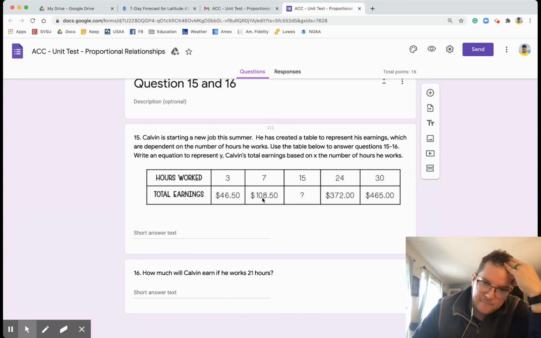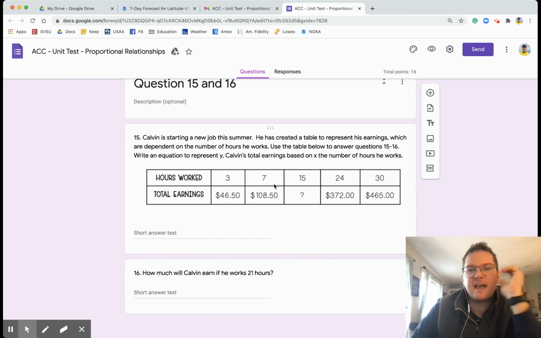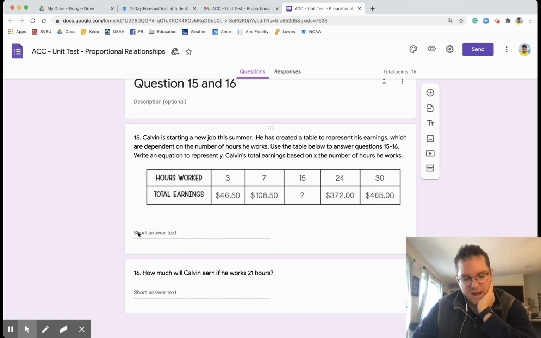What's that number? 10850 divided by 7. It should be the same number. So then if you were to take that number, whatever you find, which will be the same for both, you plug that in as 15 times what that number is. Your equation should be y equals the number that you find that's constant, x. And then here, whatever that number is, multiply it by 21 hours.